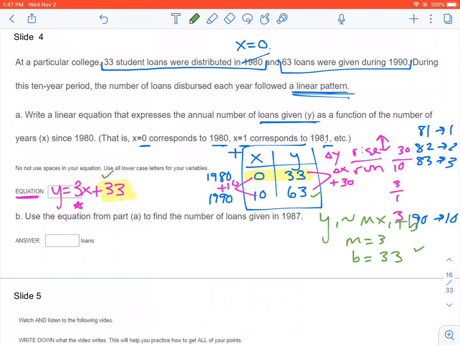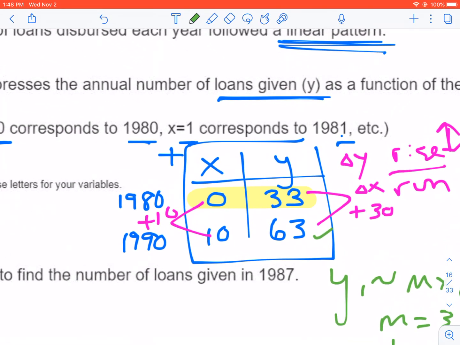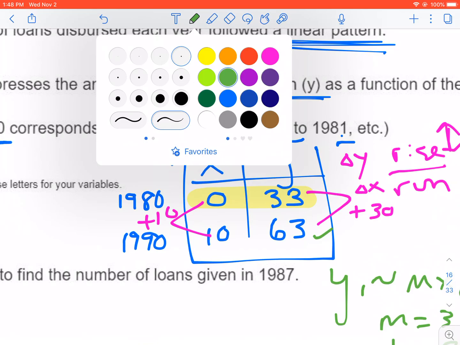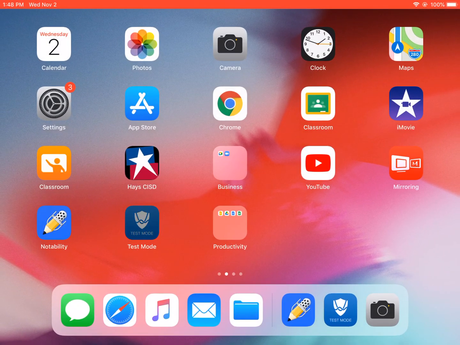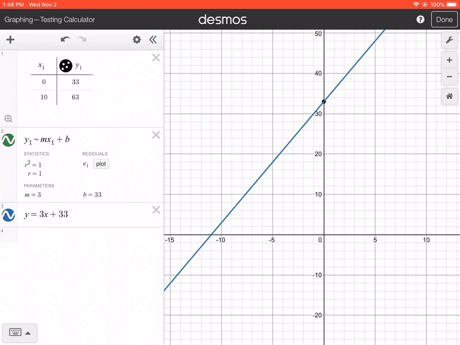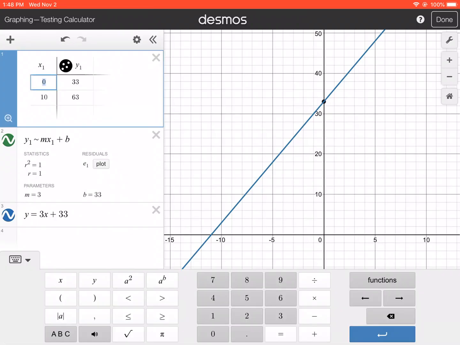The next part says use the equation from part A to find the number of loans given in 1987. So basically what we're doing here is we're going to find if we had a 7 on the chart, what would be the number. But if you go to Desmos, if you add a 7 in the chart, let's see, can I do it over here? There we go.